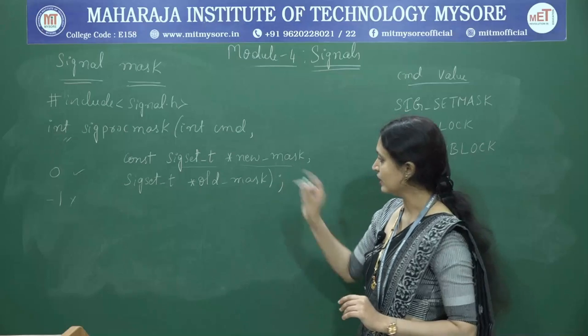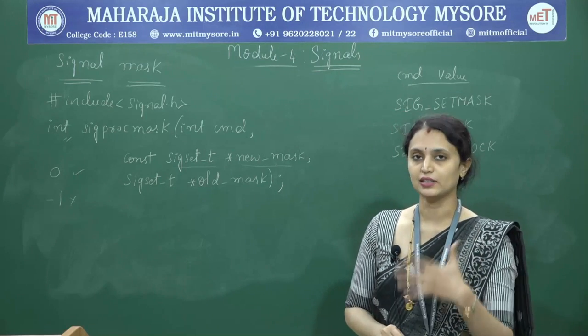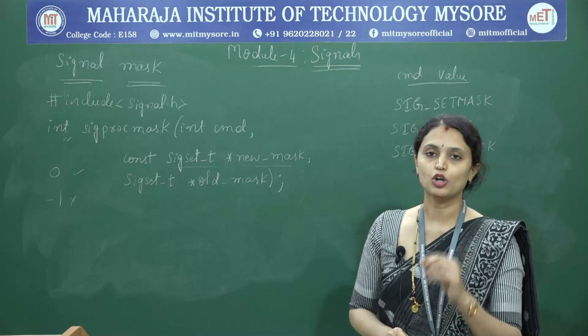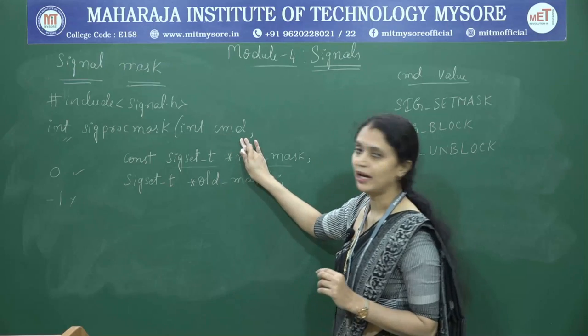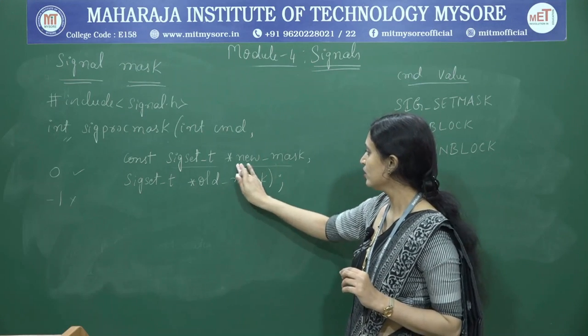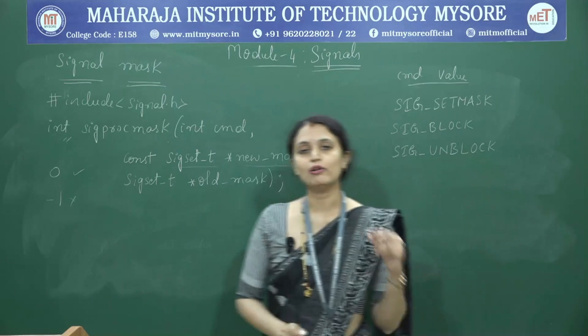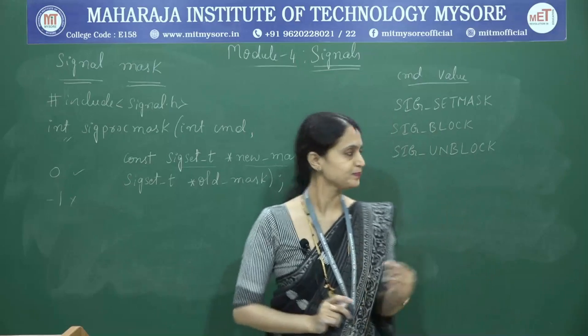So it contains the new signal mask, the set of signals that have to be blocked for the calling process. The first argument, command, has 3 values depending on the new mask. Now let us see what the possible values for this command argument are.